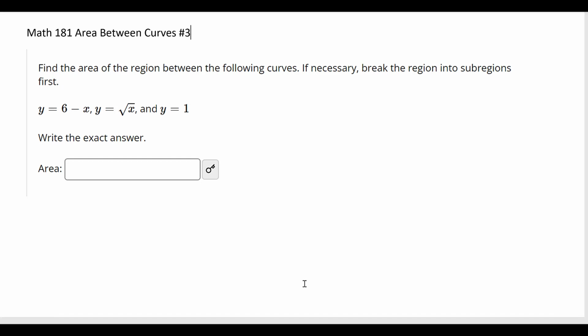So when we come back over to here, we're going to have two integrals. Integral from, and I really like to use blue, so I'm going to switch to blue. Okay, so we have the integral from 1 to 4 of, and our upper curve there was the square root of x, then minus the 1, upper curve minus lower curve, dx, plus the integral from 4 to 5 of, in this case, the upper curve was 6 minus x, and our lower curve is still 1.